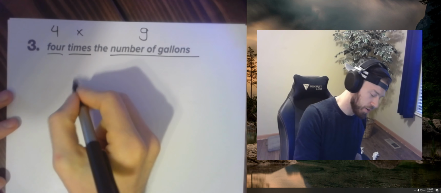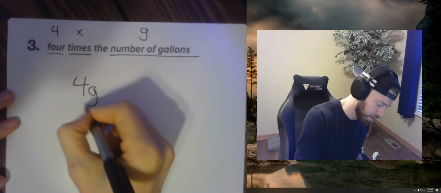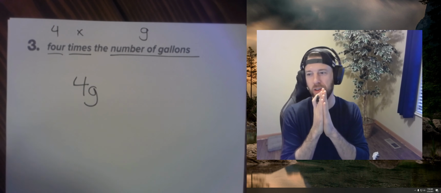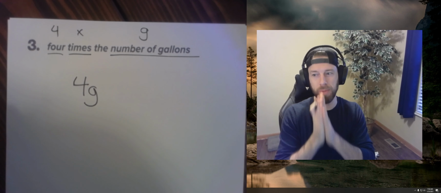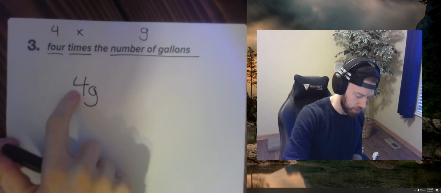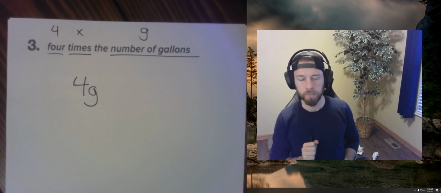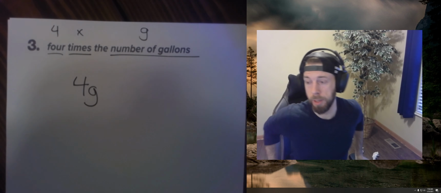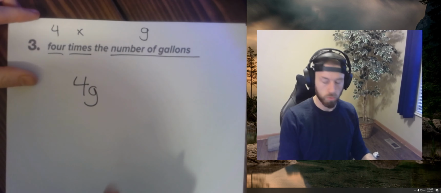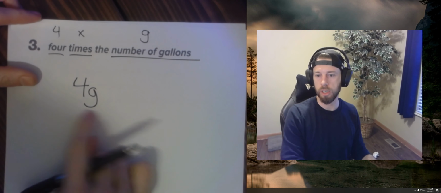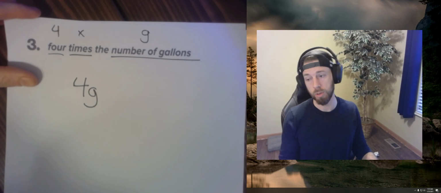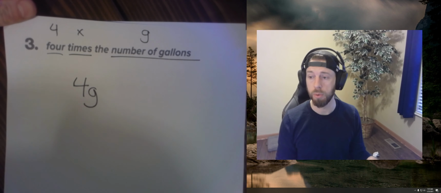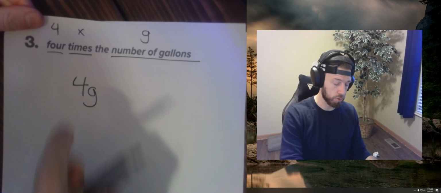If you've been paying close attention, you might recognize that in order to do that, we just put them right next to each other. 4 and G right next to each other means 4 times G. So what we're showing here is 4 times the number of gallons. So 4G, right? 4 times G. This really shows 4 times the number of gallons. We don't know what it is, but that's how we would write it. And if somebody were to tell us the number of gallons, we could plug it in and solve it.